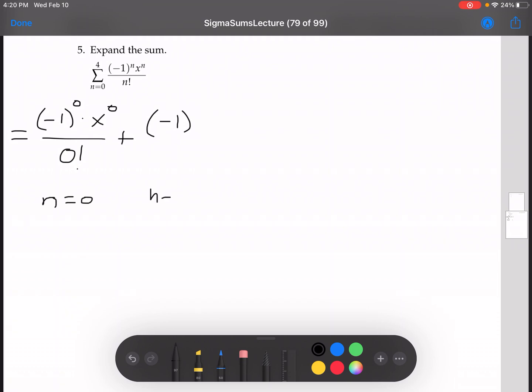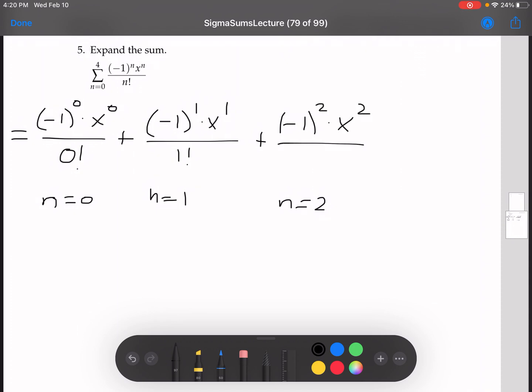Now we'll have n equals 1 here. So this will be negative 1 to the 1 times x to the 1 over 1 factorial, plus this will be the n equals 2 term. So we got negative 1 squared times x squared over 2 factorial, plus now we'll have the n equals 3 term, negative 1 cubed, 3 factorial, x cubed.